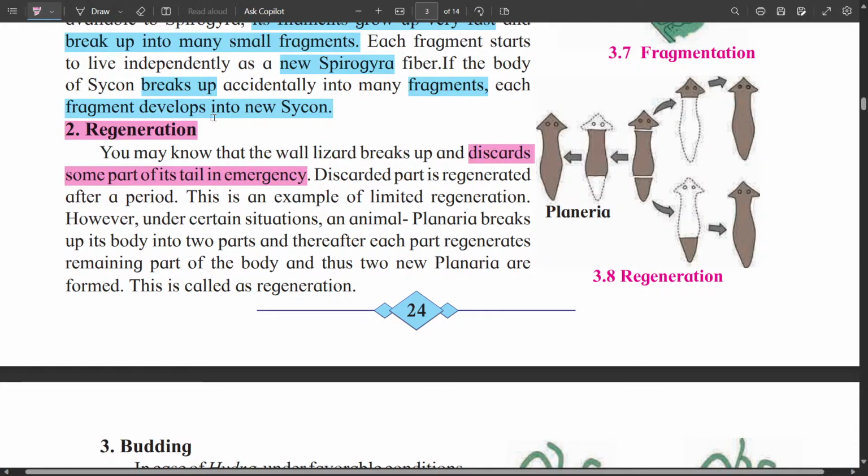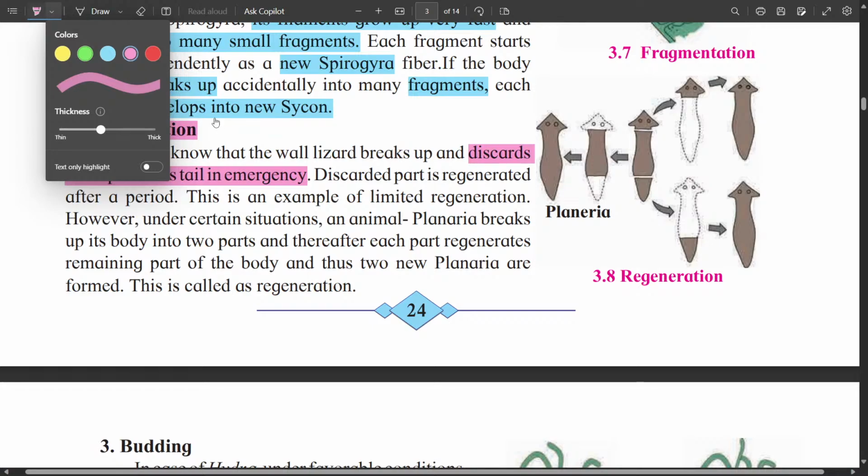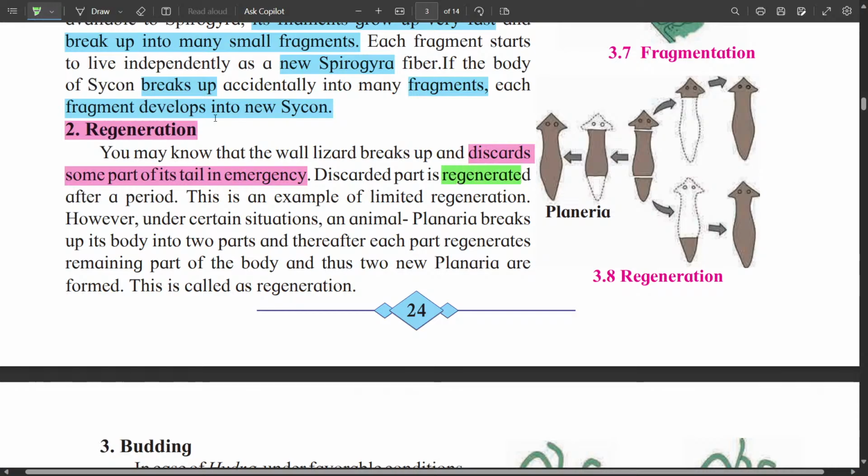So all these different kinds of cells are to be prepared for that tail to regenerate. So this process is different than fragmentation. This is called regeneration. And in regeneration, such new types of cells and tissues are formed.